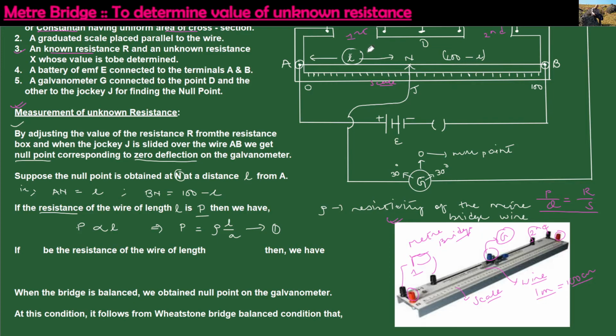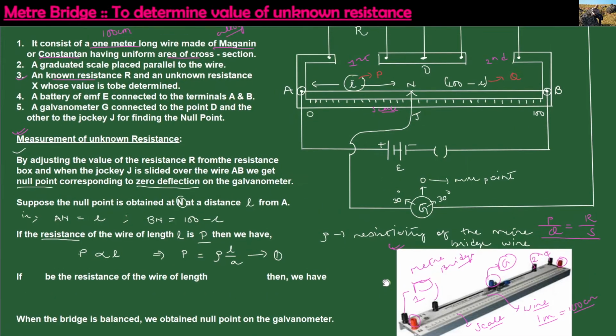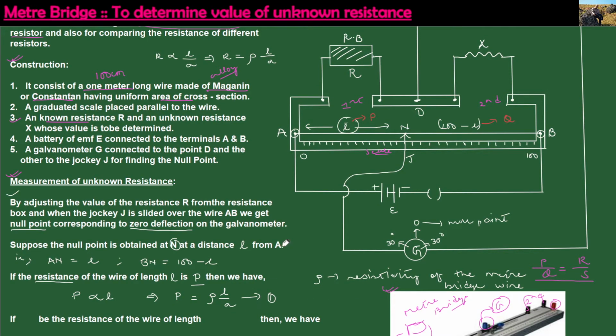We have given P as the resistance corresponding to L, and let us name the resistance corresponding to BN as Q. When you have a wire of length L and a certain area of cross section, it is certain to have resistance.